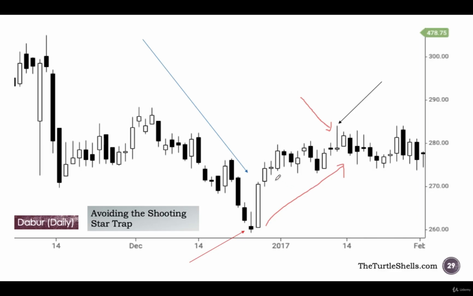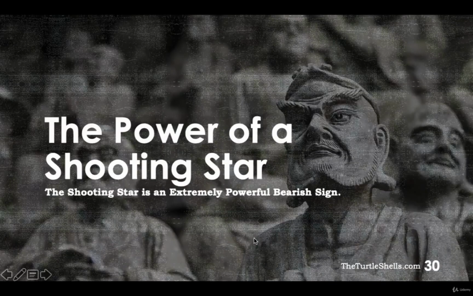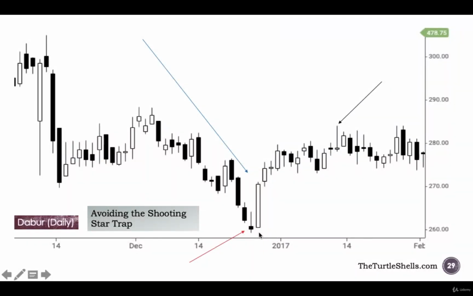Now, you might argue that this is not coming after an uptrend because there is a box range here. The price is stuck. The price is flat. Rohit, how can you call this a shooting star? But wait, look at the uptrend that started from here till here. The price has gone from here till here in less than 2 weeks, because it's a daily chart.